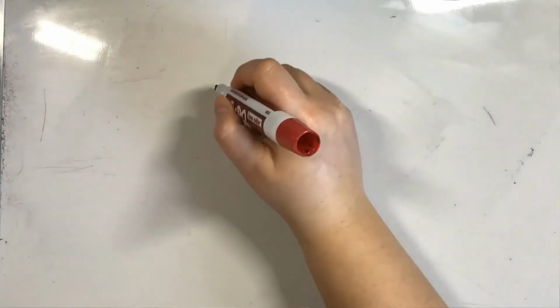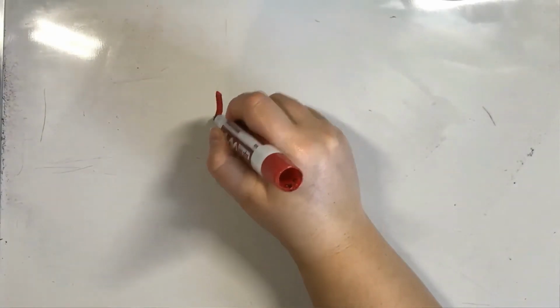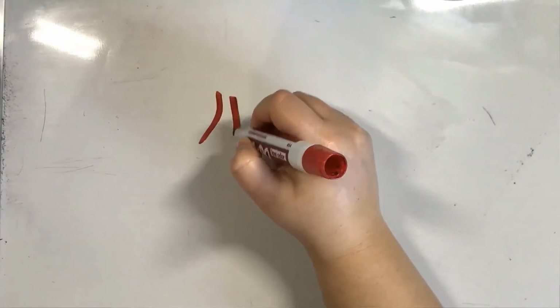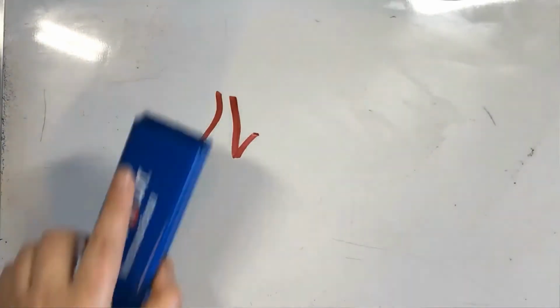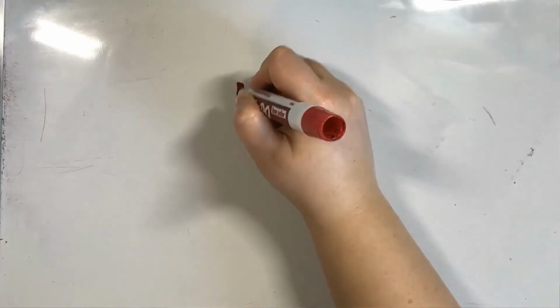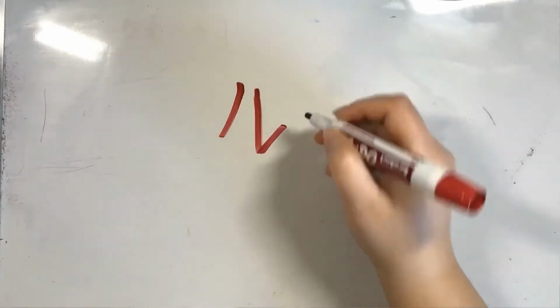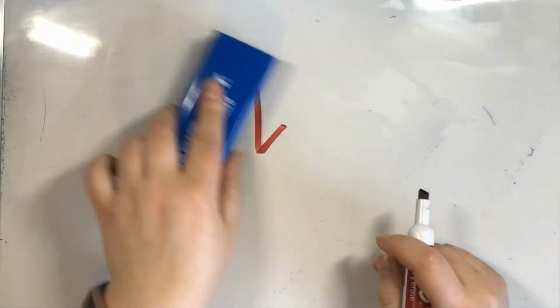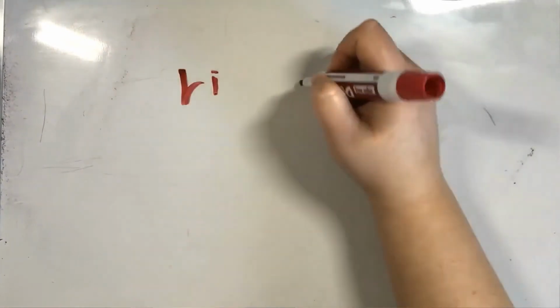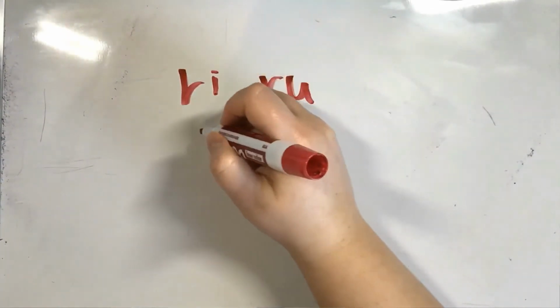So again, like so. Ri and ru could be very similar and they both have those lines going down. It's all about direction though.